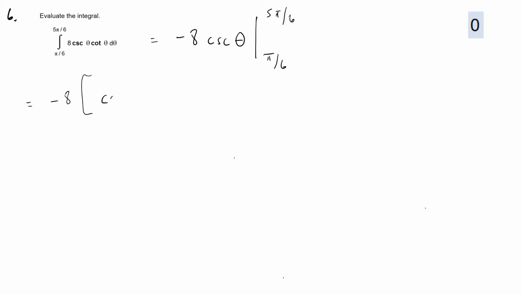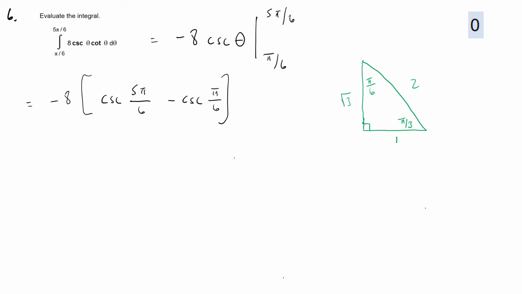And so I have cosecant of 5 pi over 6 minus cosecant of pi over 6. And to help me out with this, I will draw a triangle. Here's pi over 3, here's pi over 6, 1, square root 3, 2.